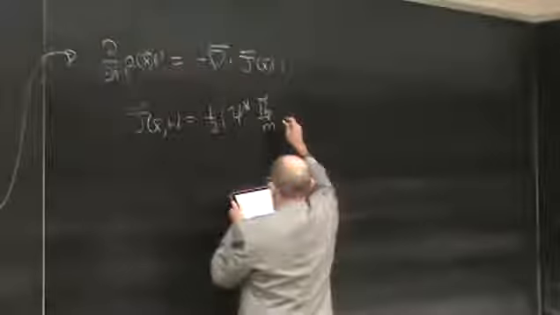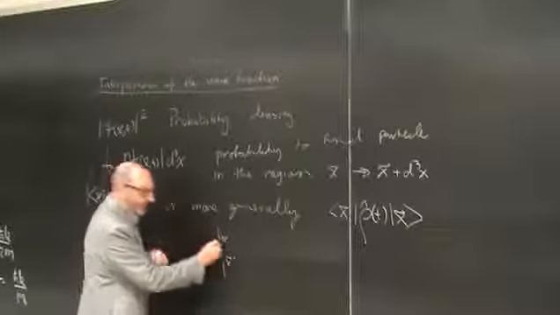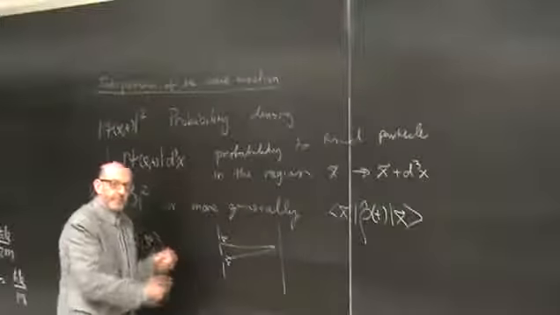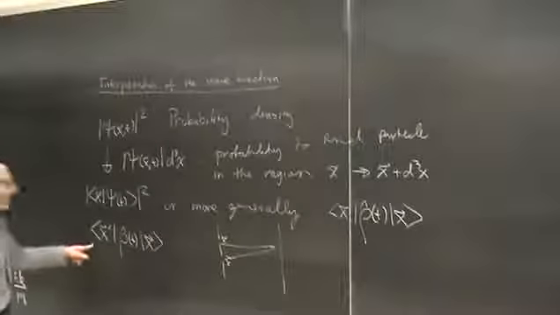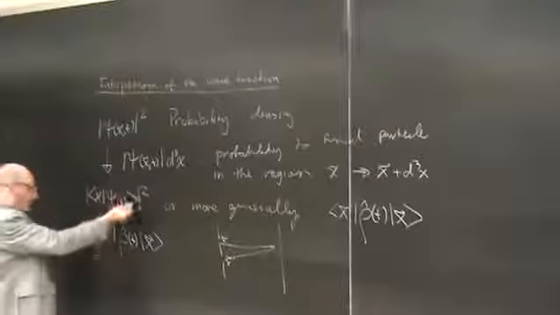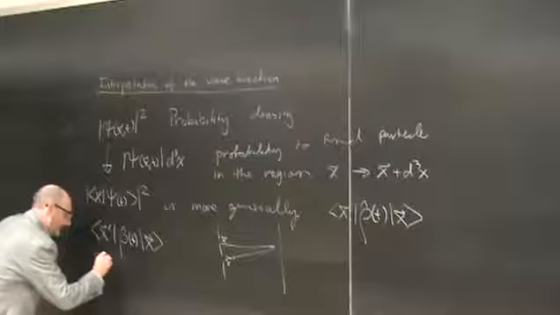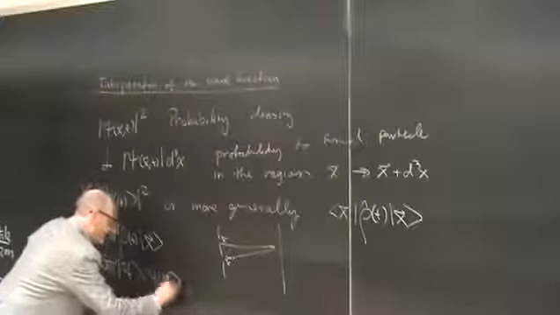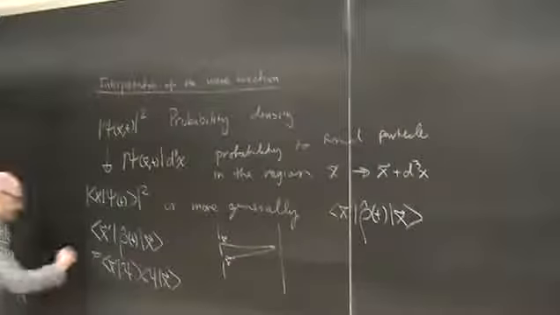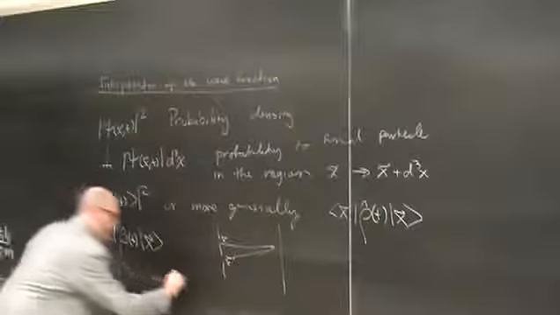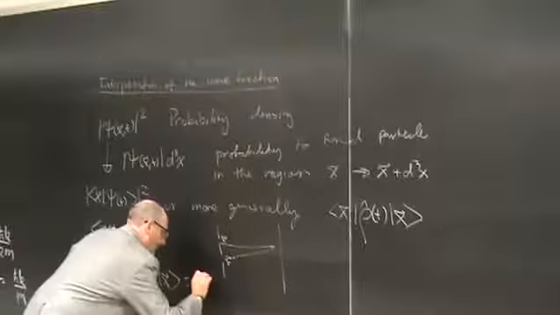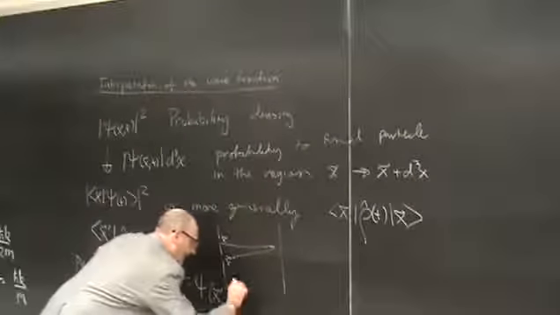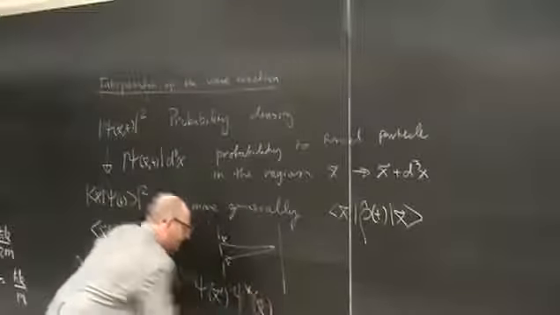I would want to know whether there was coherence between those two points, and whether I would see interference on a screen. So the off-diagonal elements tell me, for a pure state, this, which is the product of psi at x prime and psi star at a different x.